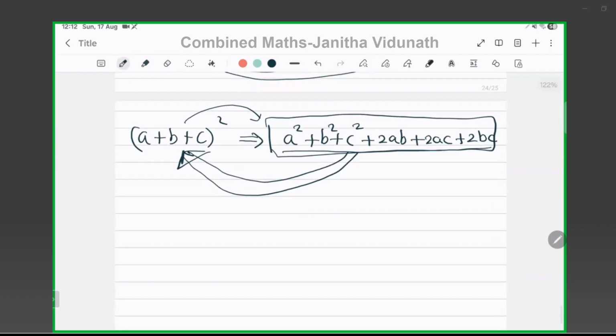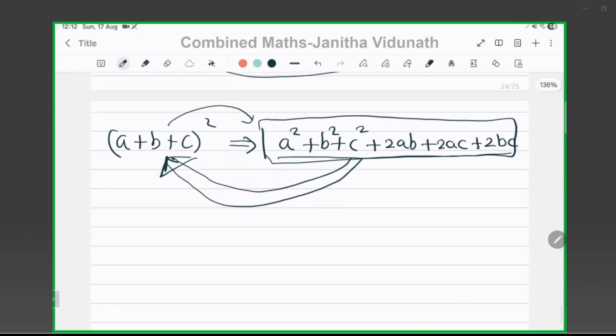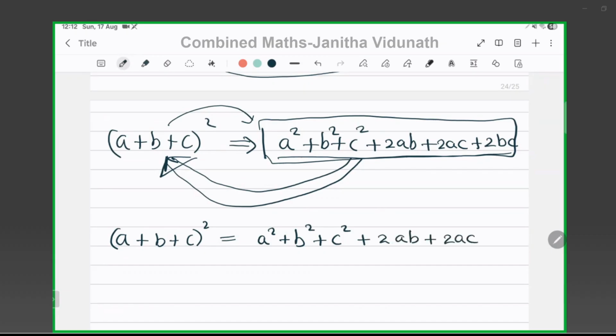Here, like previous, let me get two examples for you. One is a plus b plus c whole square. Here, we get our result as a square plus b square plus c square plus 2ab plus 2ac plus 2bc.